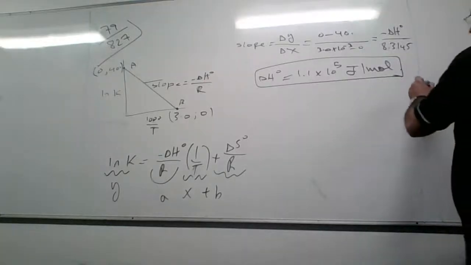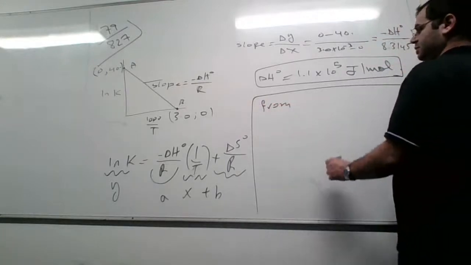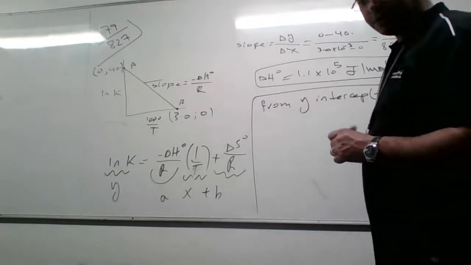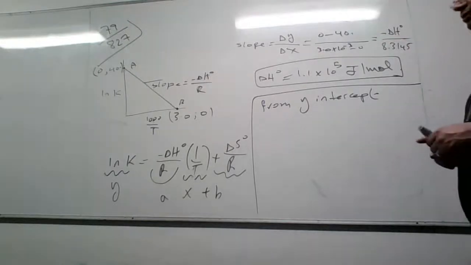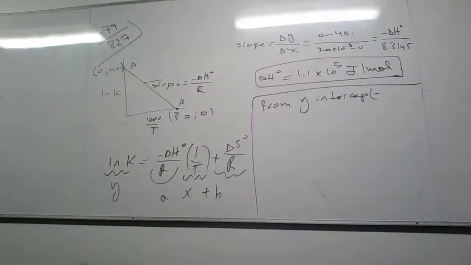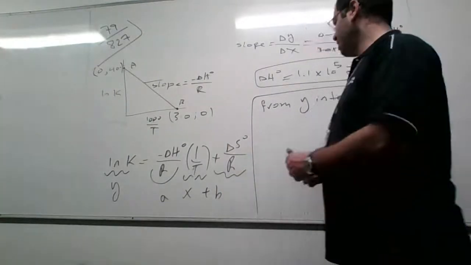Now how do you get delta S naught? You get delta S naught from the y-intercept, right?